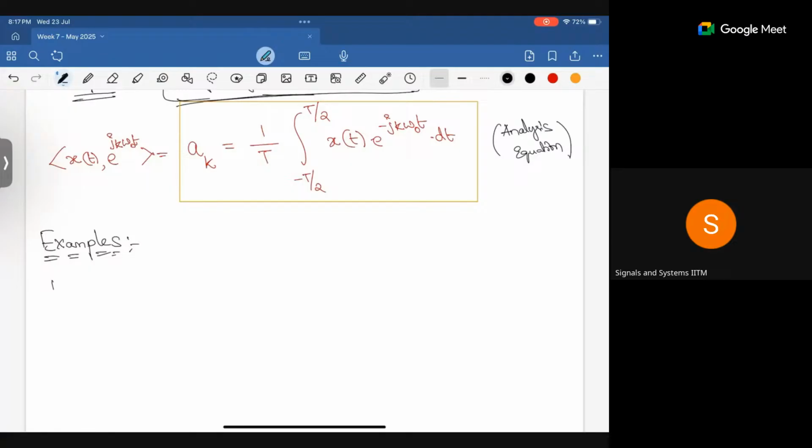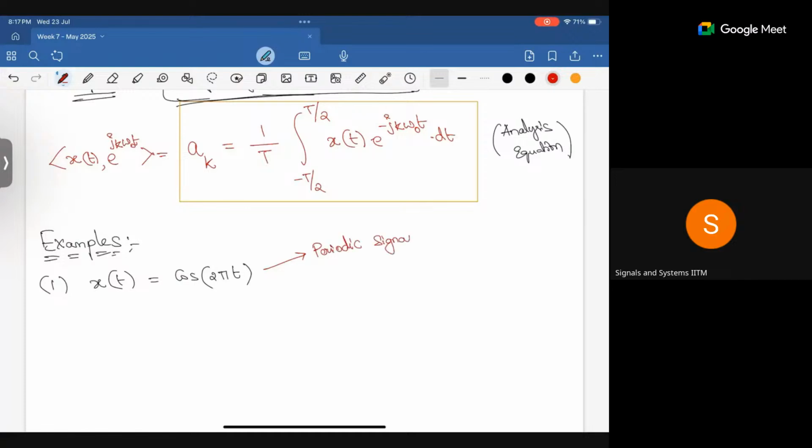The first example we'll see is x of t being cos 2 pi t. We all know cos 2 pi t is a periodic signal.